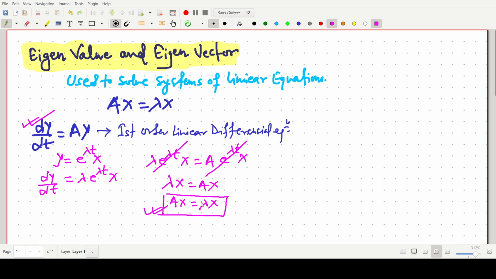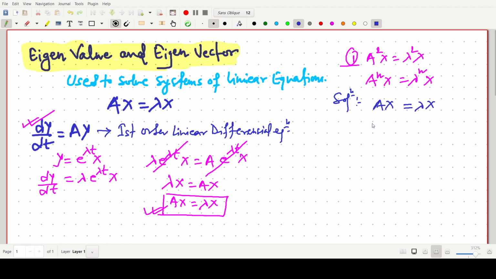Now I want to show you some properties, how we can go about different properties using this concept. The first property, property number one, is A square x equals lambda square x, or we can say A to the power n x equals lambda to the power n x. How can we achieve this? As we know, Ax equals lambda x.